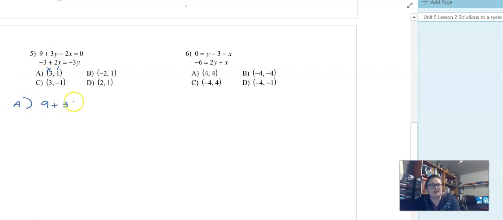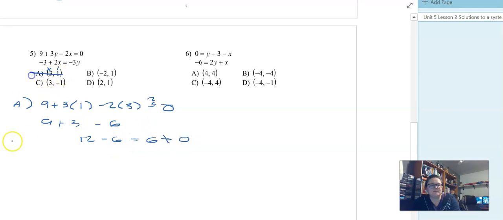Okay, but notice y is first, so I have to put 1 first. Minus 2 times 3. Is that 0? So I've got 9 plus 3 minus 6. No, because that's going to be 12 minus 6, which is just 6. So that's not 0. So A does not work.